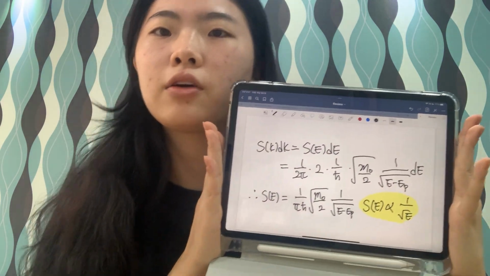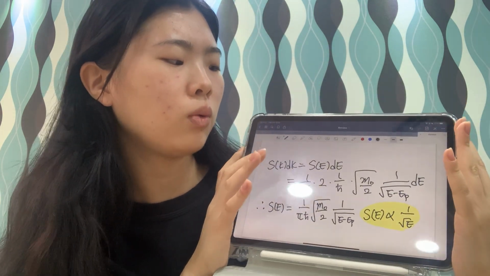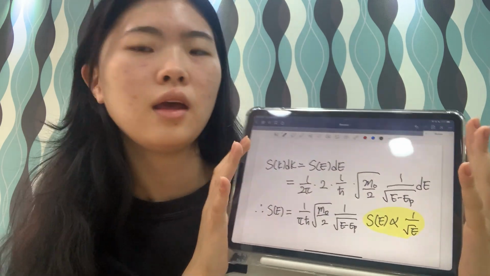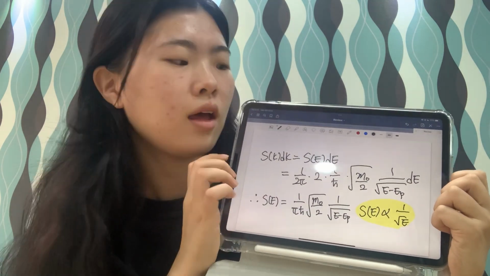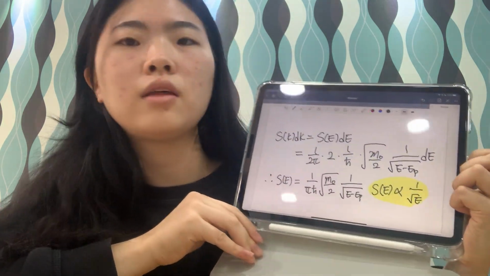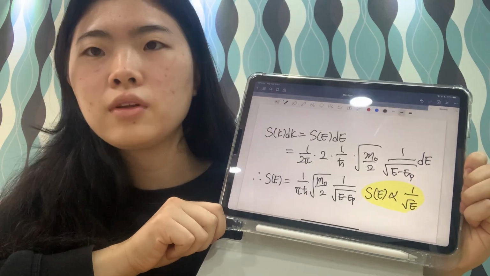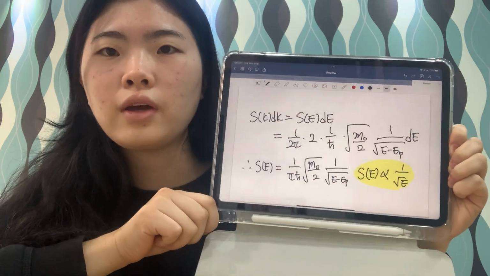After a complex calculation, we can find the density of states, and we calculate it like this. In conclusion, we should know the density of states is inversely proportional to the square root of energy.